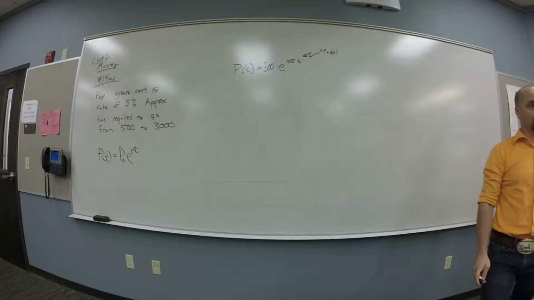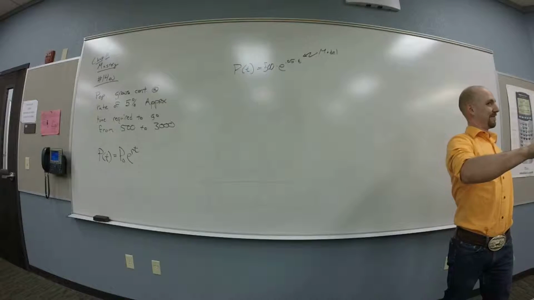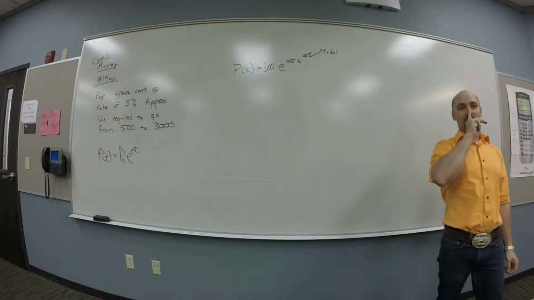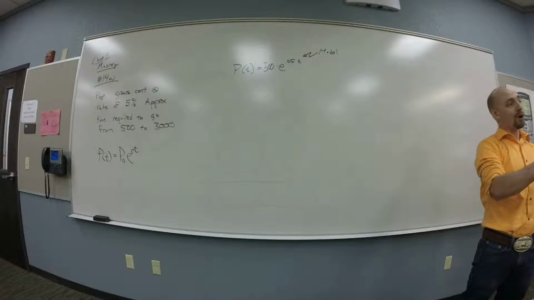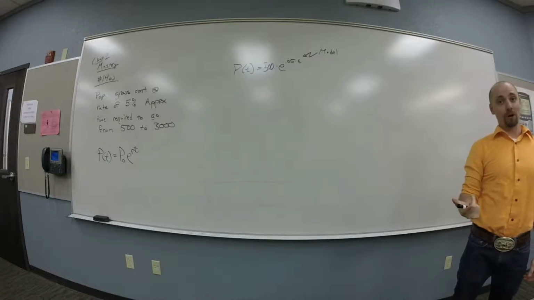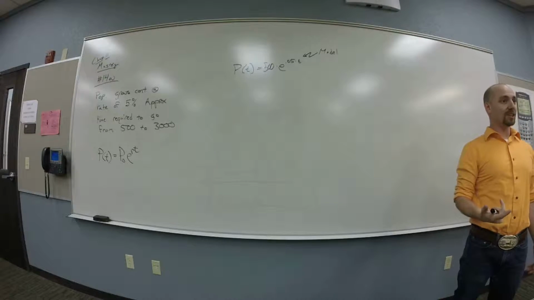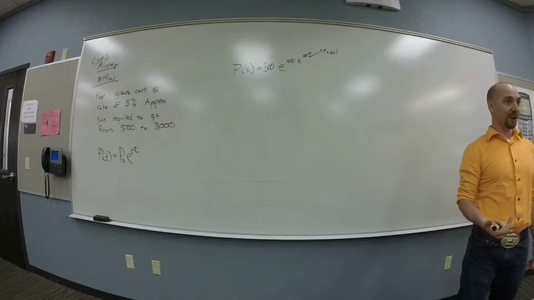Putting 3,000 for the t over here. Oh no, you said it equals. Okay, wait. Is 3,000 an input or an output for my model? It's an output, right? You guys see that? I mean 3,000 population, not 3,000 years, right?